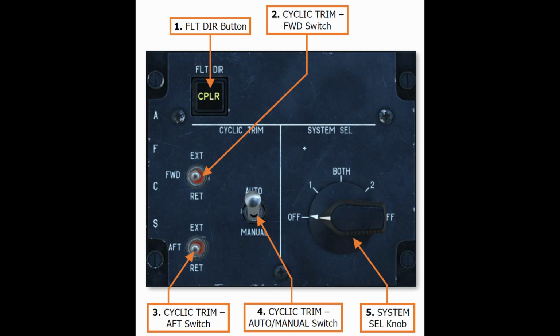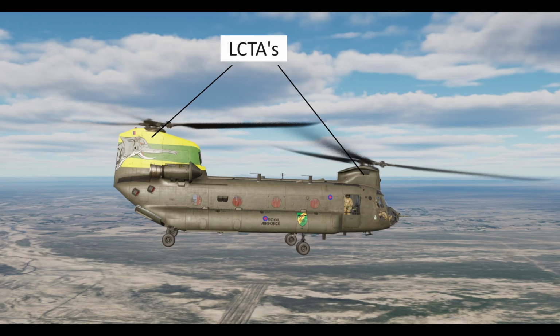So looking at the switches on the panel, you can see we have the selector switch from off, and then 1 and 2, and then both. And then on the left hand side, this gives us control over the 2 LCTs. These are the longitudinal cyclic trim actuators. They can either move automatically in response to outputs from DAFCS.